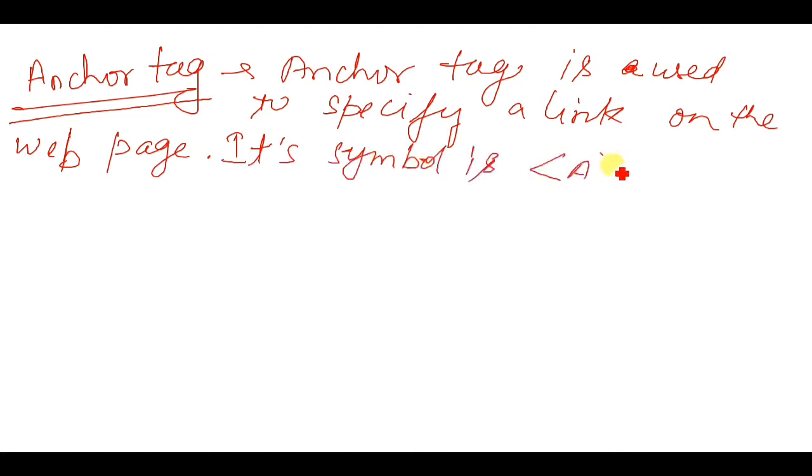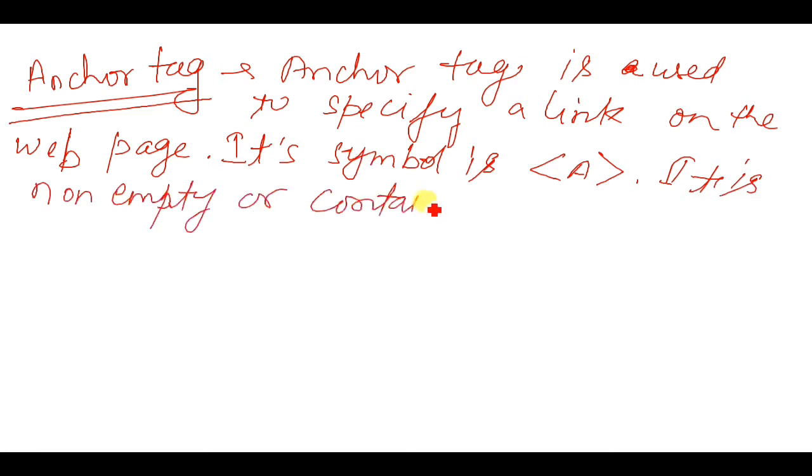Student, the anchor tag is used to specify a link on the web page. Its symbol is a left angular bracket and a right angular bracket, or we can say less than and greater than, and inside the tag name is A, capital A or small a, because HTML is a non-case sensitive language.